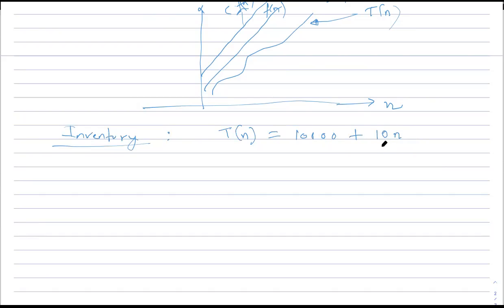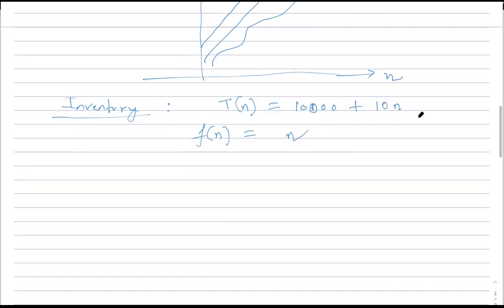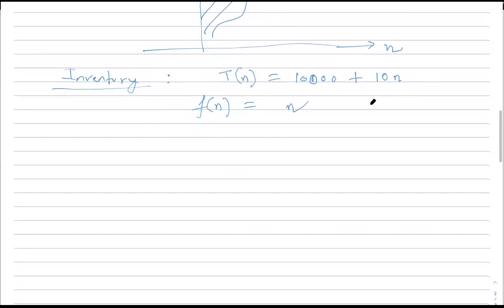But for us, this millisecond aspect is irrelevant. With this exact value 10,000, the 10 is sort of irrelevant in one sense. So we are trying out, let's say, f of n as n, because this indeed looks linear.